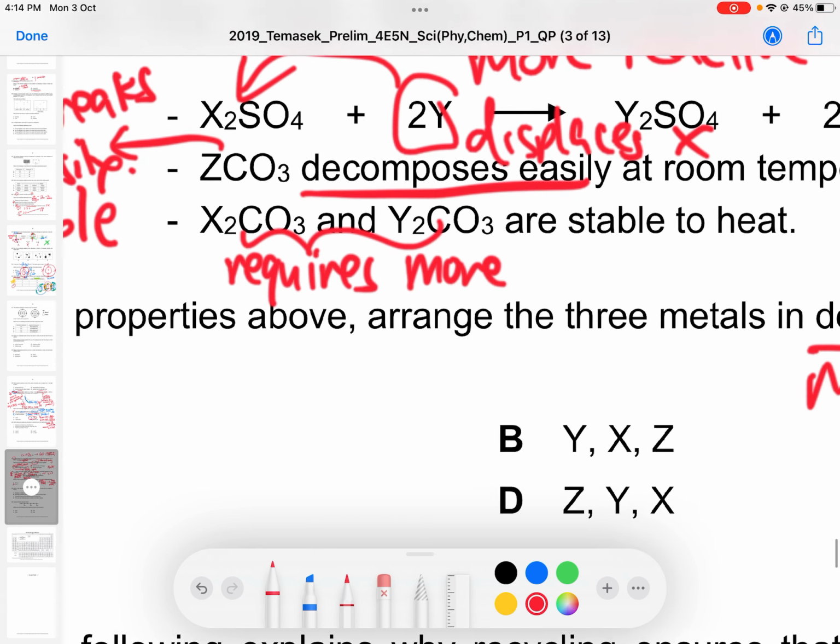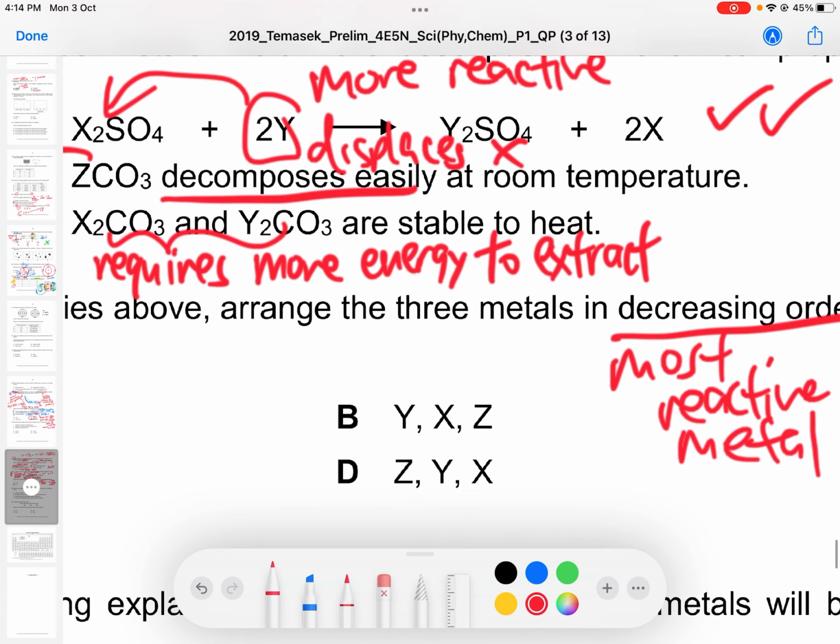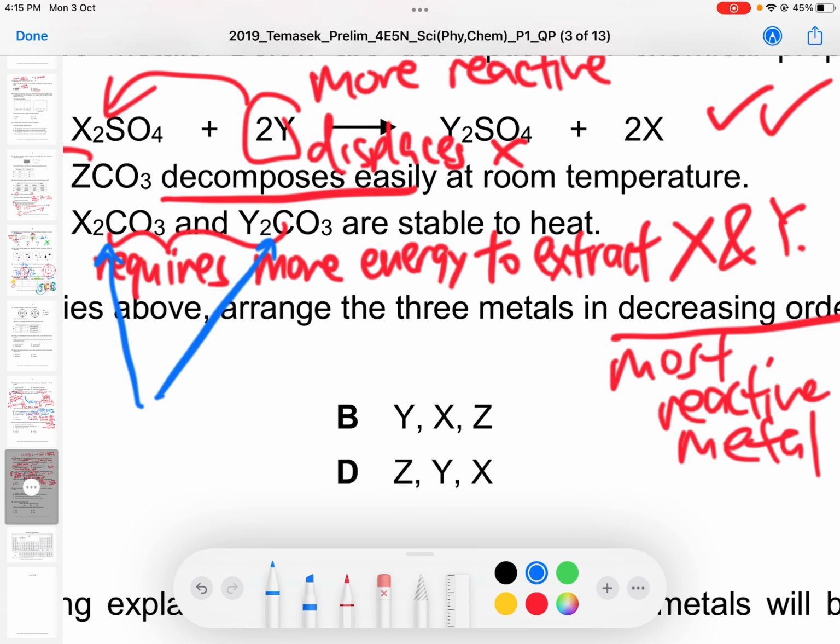Requires more energy to extract X and Y. So maybe this X and Y, maybe it's electrolysis, because heat is not enough to decompose them.